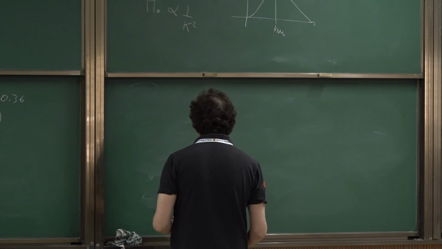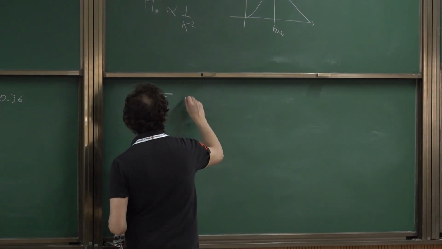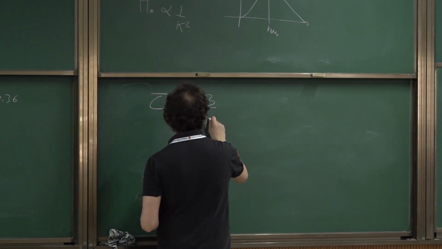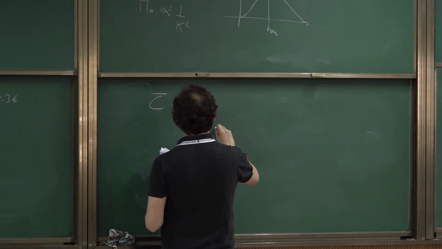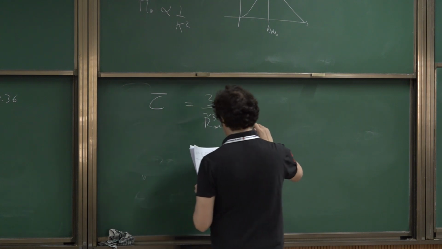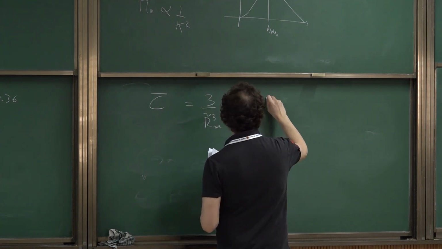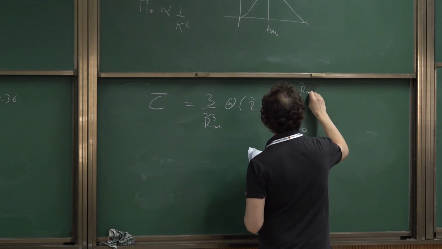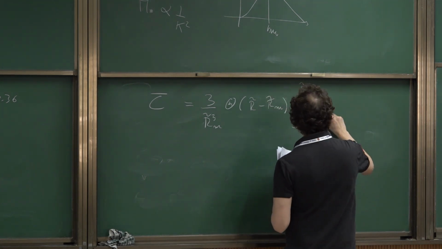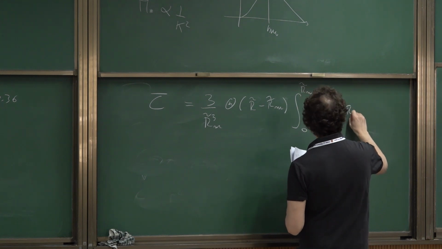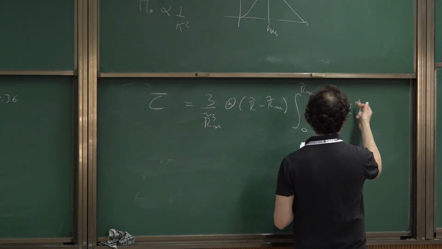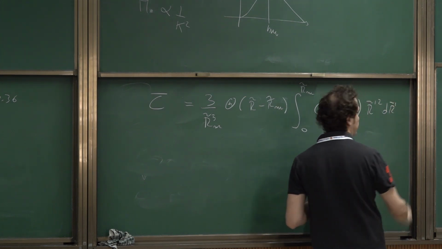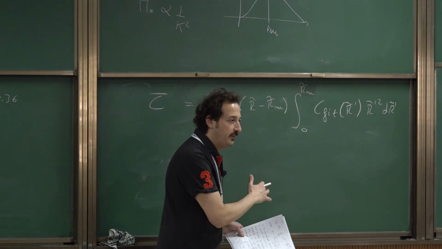So I average out the compaction function, and this is equal to 3 times, with spherical symmetry, R̃ to the cube, M, then a theta function, R̃ minus R̃_m, and then I integrate from 0 to R̃_m of C_fit of R̃', where prime is not the derivative here but another variable, times R̃' squared dR̃'.